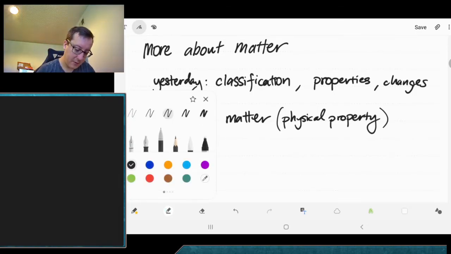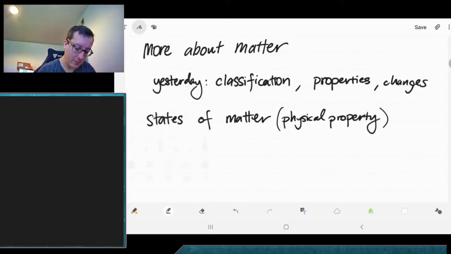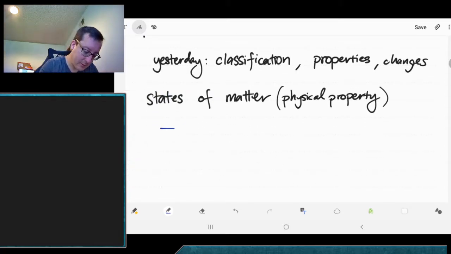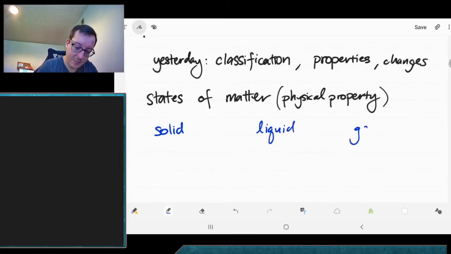And since we have all gone through elementary school, we all know that we are dealing with primarily three states of matter. Of course, there are others: supercritical fluids, plasmas, things we don't need to worry about. For us, we just worry about the main three, the ones that we're likely to encounter in everyday life.